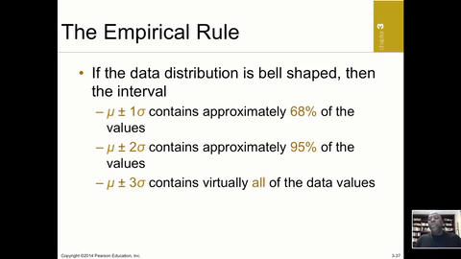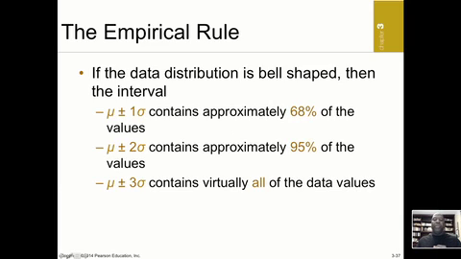And one of the things that we know about the bell-shaped curve is that if you were to take the mean, the average of that distribution, and you add one standard deviation to the mean and subtract one standard deviation, the values in that range would be approximately 68% of all of the values in that distribution.